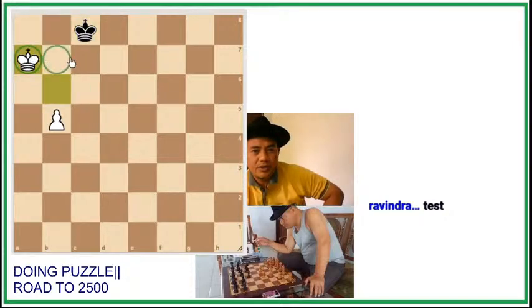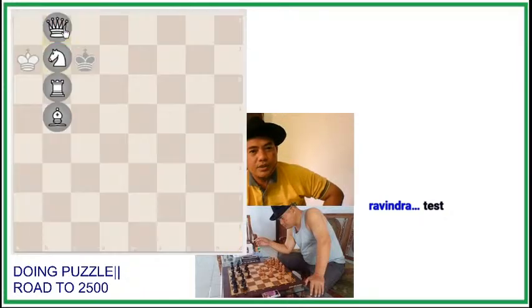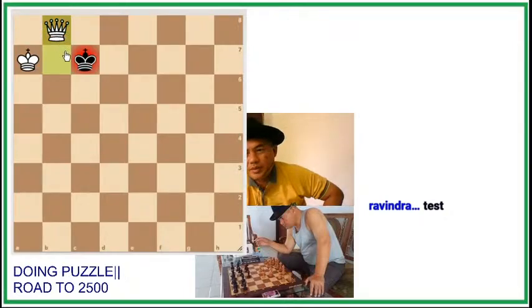White gets the key square, outflanking the black king, and then will go with his pawn to the promotion square and make a queen.